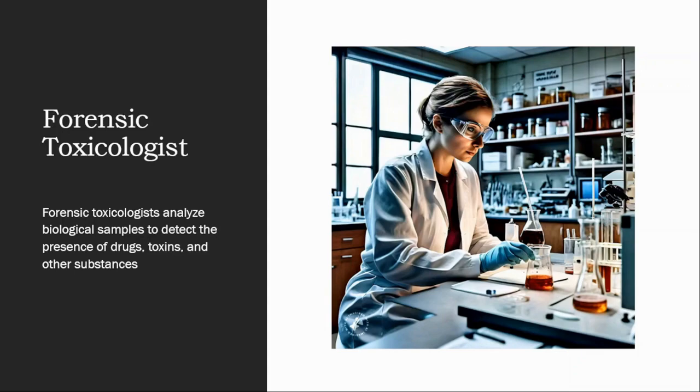Like in real life, forensic toxicology has played a crucial role in solving many high-profile cases, from celebrity overdoses to mysterious poisonings. Forensic toxicological work helps bring justice to victims and their families.